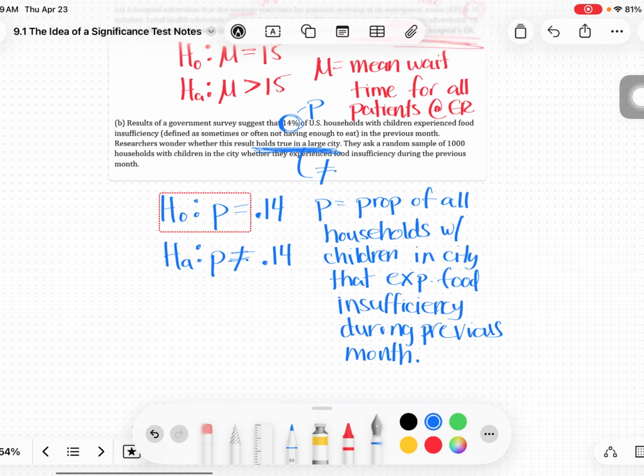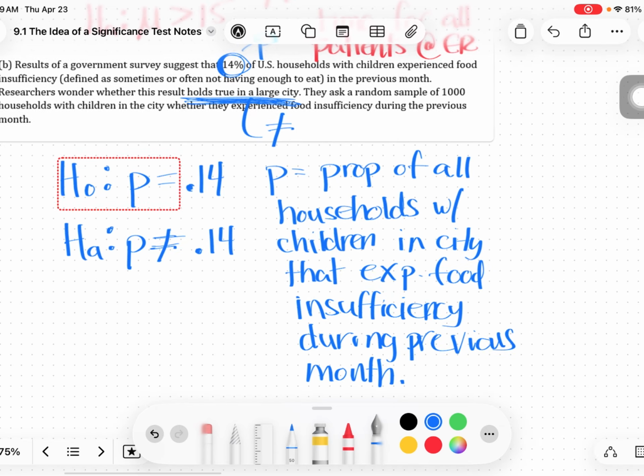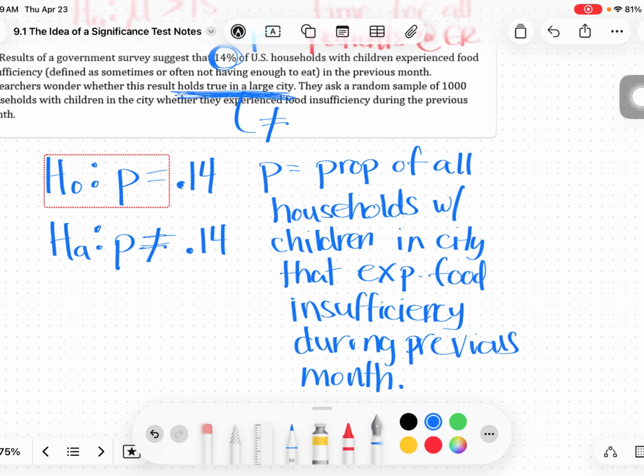Sometimes when I'm writing, you can feel free to fast forward through me writing and then just pause and copy it down. And so that is how to write hypotheses.